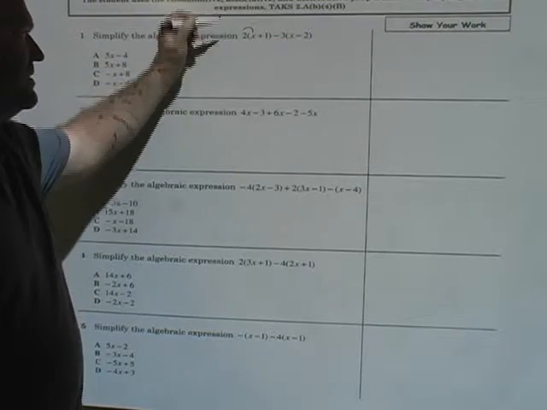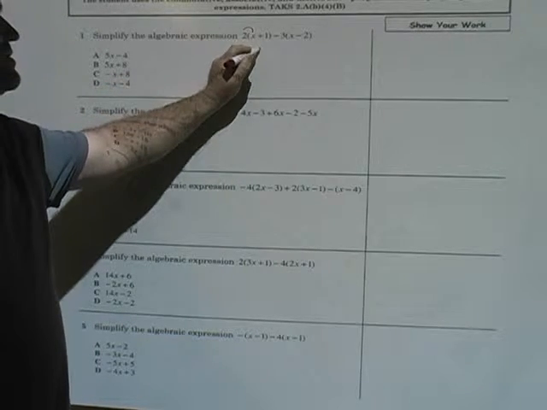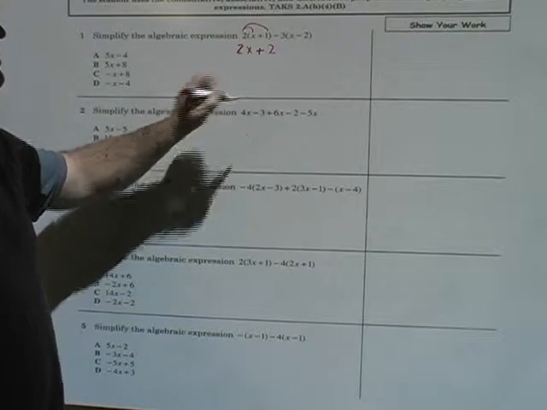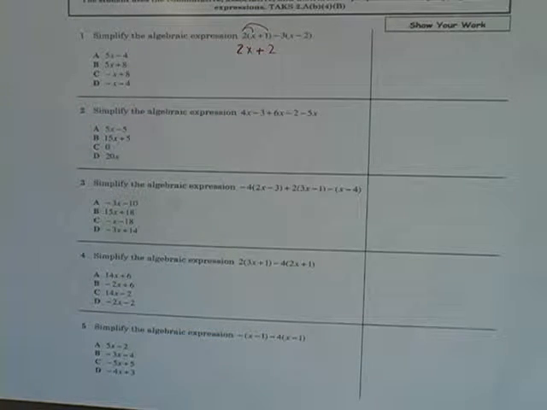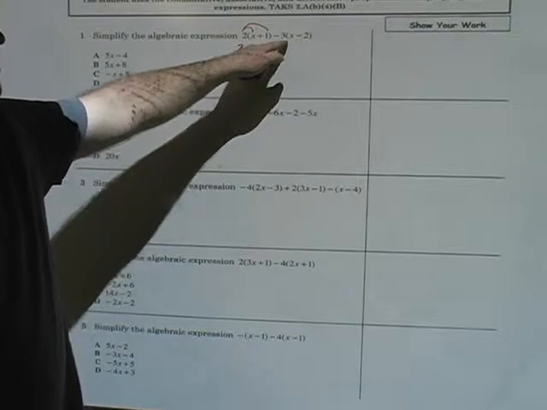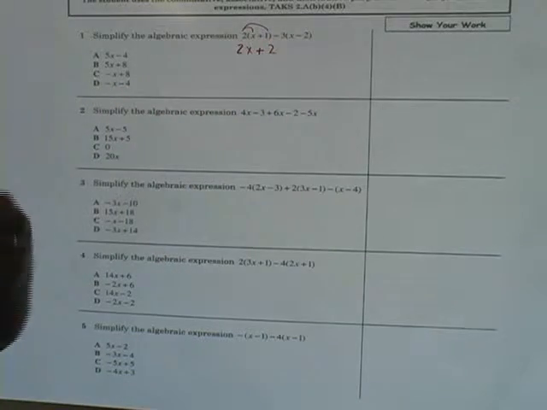2 times x is 2x plus 2 times 1 is 2. Okay, then with the 3, notice the 3 is beside the parentheses over here, but it's minus, or it's negative 3.